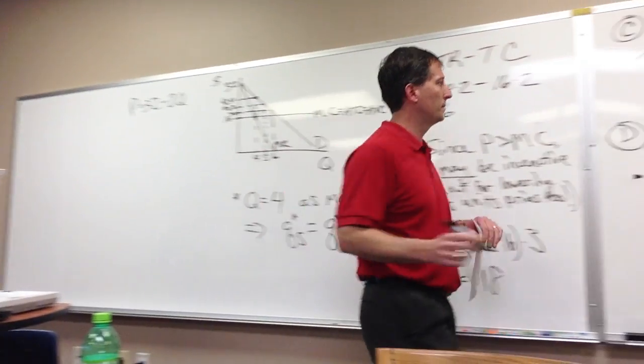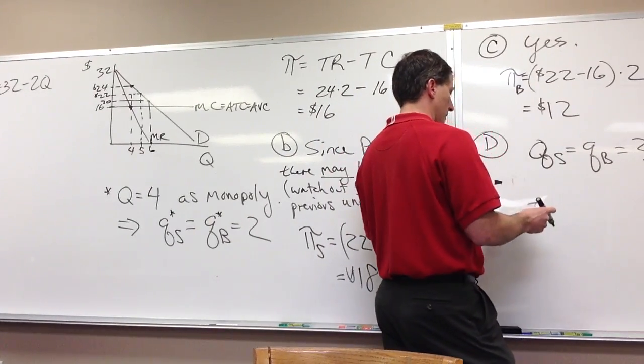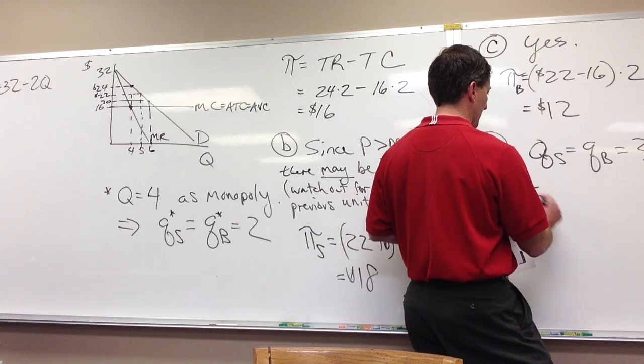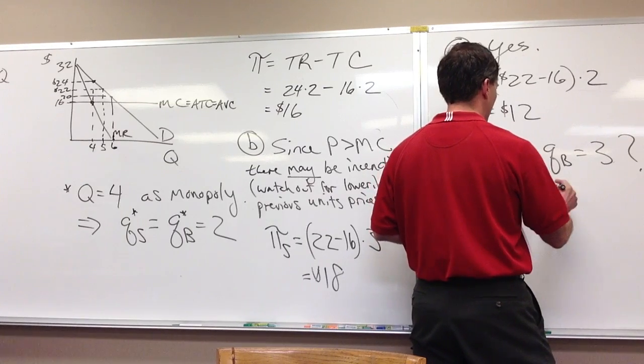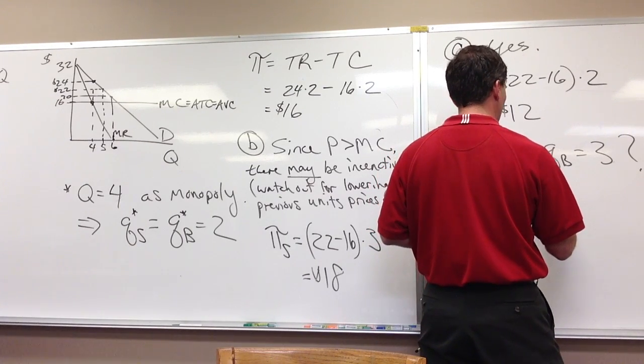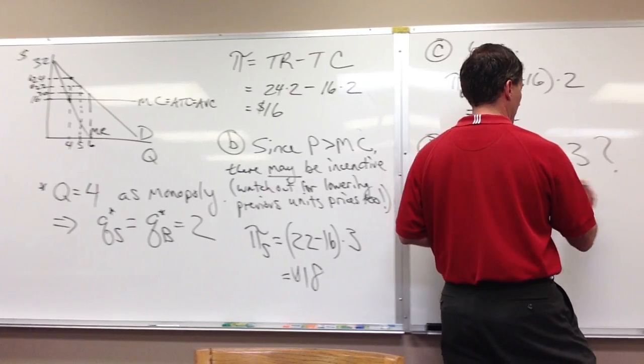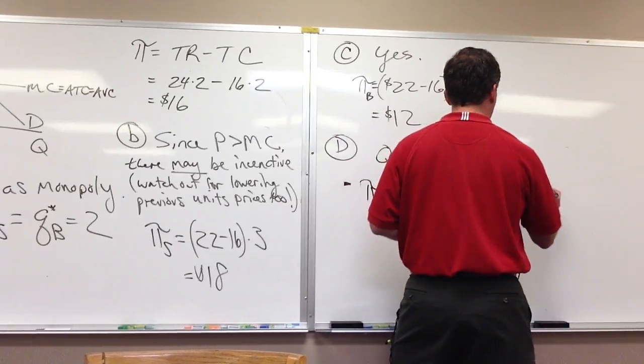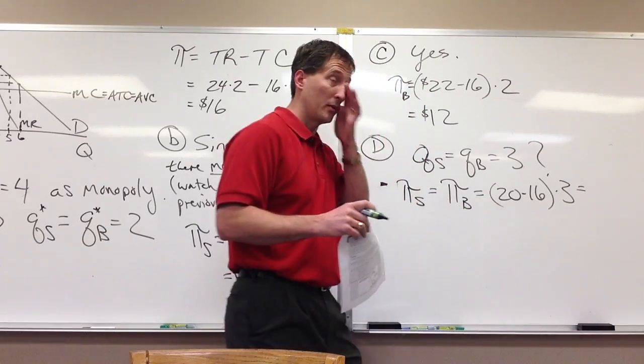So profit for Squeaky Clean is going to end up being the same as the profit for Biobase, which is 20 minus 16 times 3. Gives me 12 bucks.